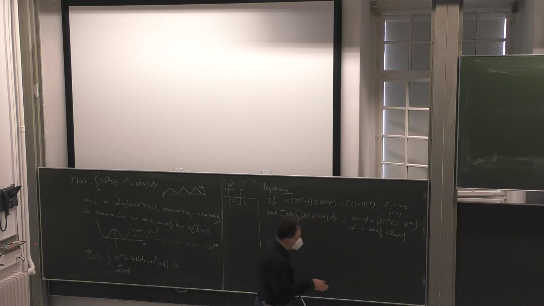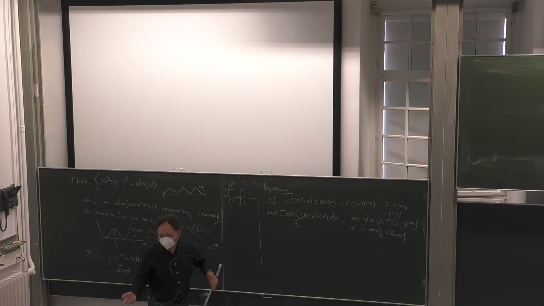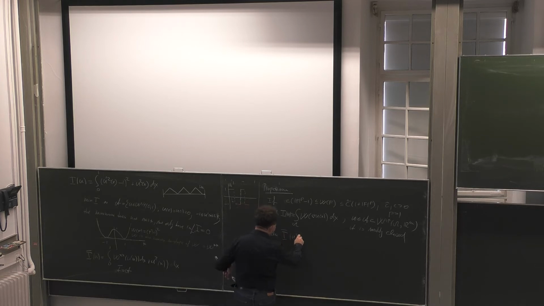It means if I have a weakly converging sequence, then the weak limit is there. So this avoids the problem that my limit is somewhere out of my set and I cannot really. Then I would have to find some weak closure of my set A. Then I bar of u is nothing else than the integral over omega of the quasi-convex envelope of W of gradient u_k dx.